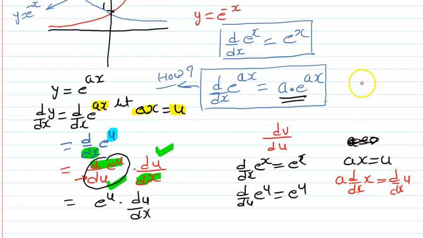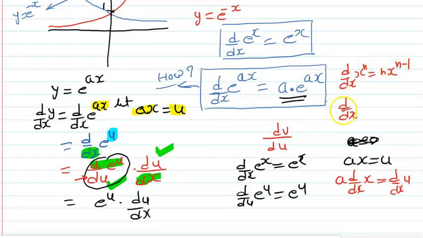What is d over dx of x? You have done differentiation, right? Recall that d over dx of x to the power n is n x to the power n minus 1.